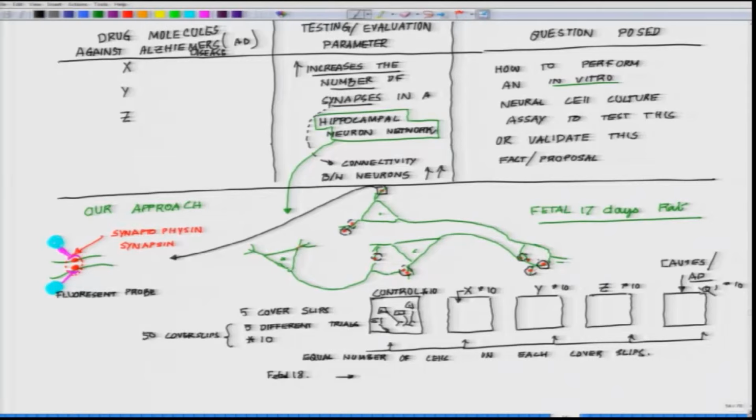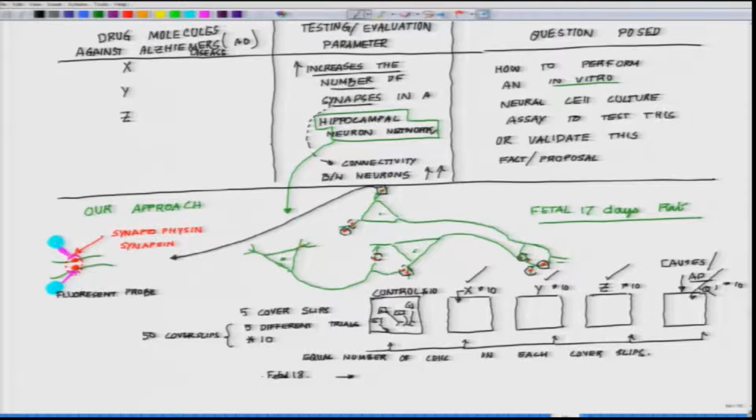You can say without anything, if we add this x or y or z, what is the total number of synapses per unit area. That I will leave up to you, whichever way you want to do that analysis. Followed by, you have this negative control. Here obviously, if there is some damaging element, you add the damaging element Q, and you see the reduction in the number of synapses, synaptic buttons.